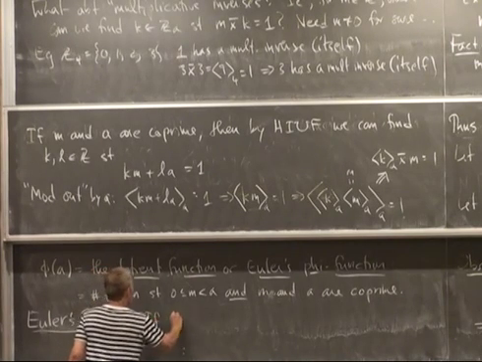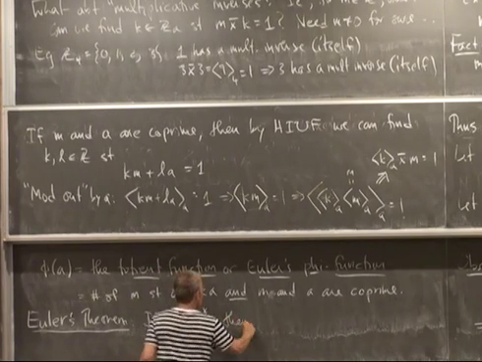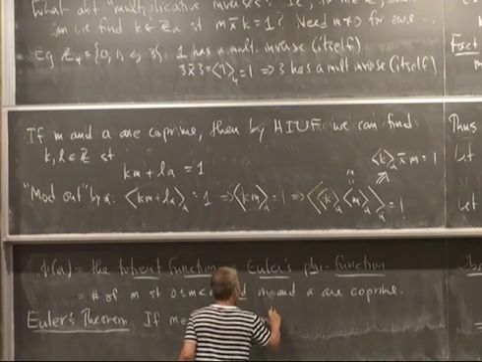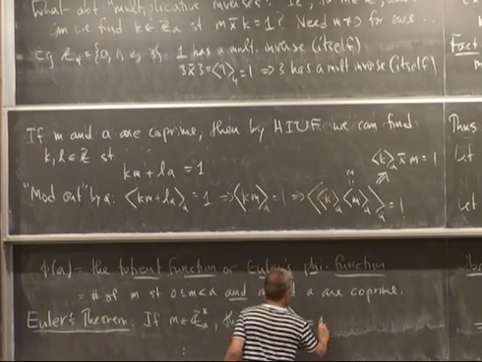If m is in Z_A star, then m to the phi of A mod A equals 1.